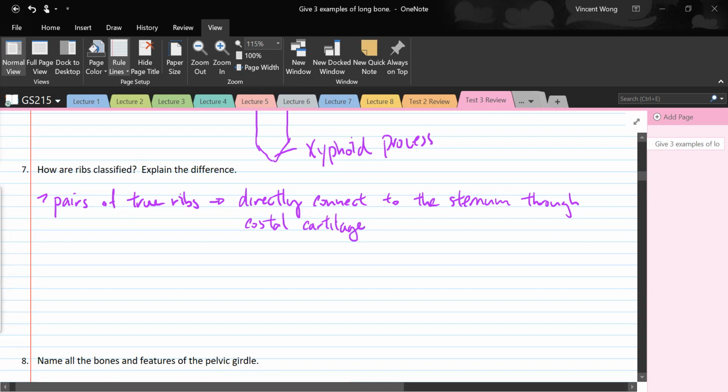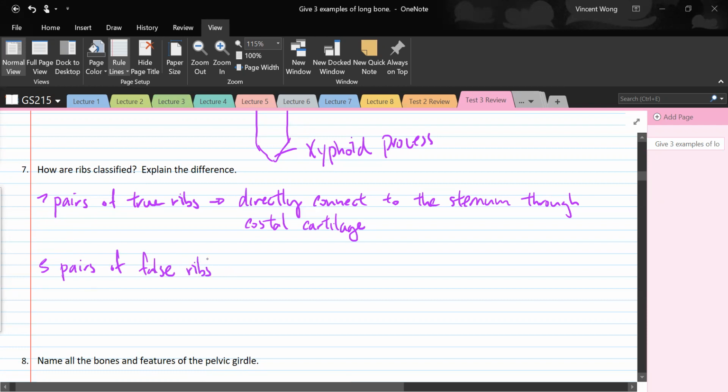They have their own, right? And then they're just going to connect that way. And we have 5 pairs of false ribs. Okay.